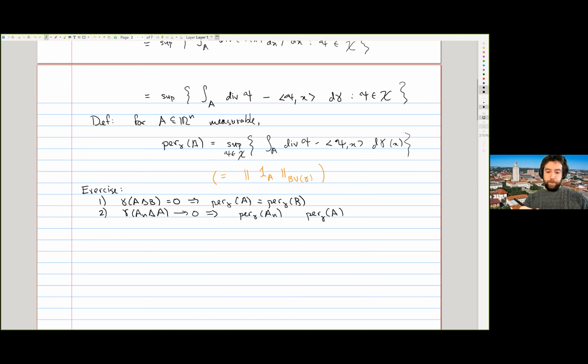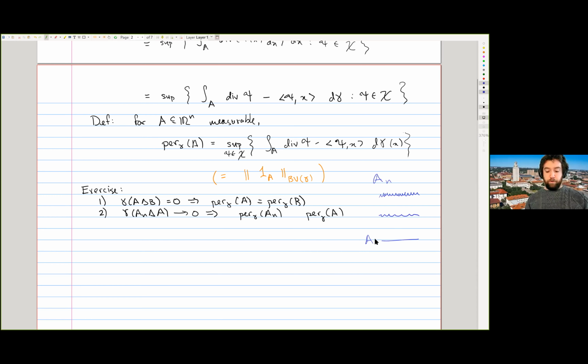The reason is that, for example, I could have a set with an extremely wiggly boundary. As n gets larger, the boundary is getting narrower and more wiggly, but it's getting wiggly faster than it's getting narrower. So the perimeters could be blowing up, but it could still converge in the sense that I wrote above to the set that just has a flat boundary.